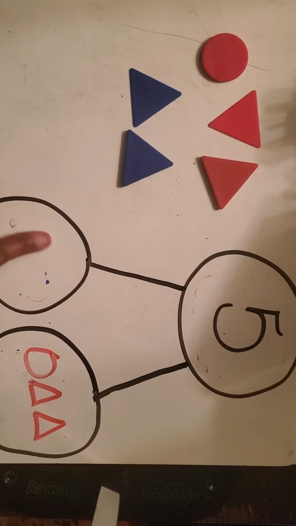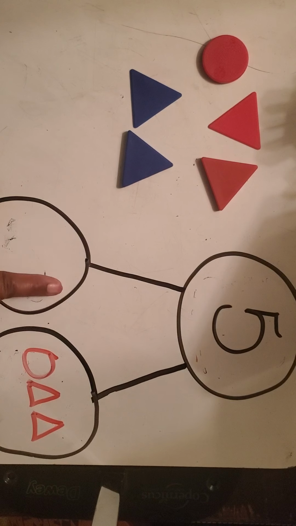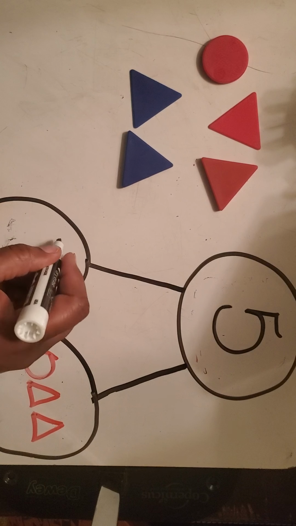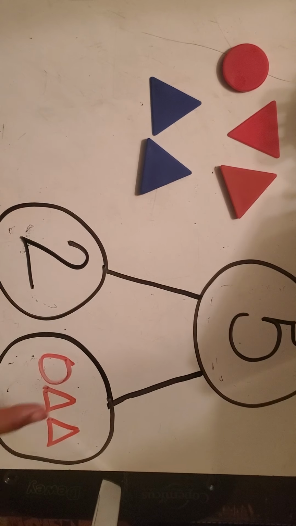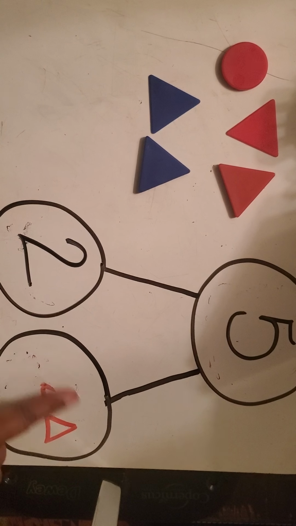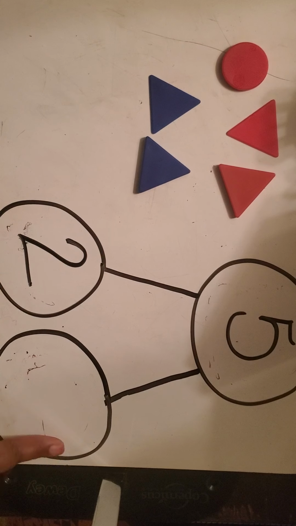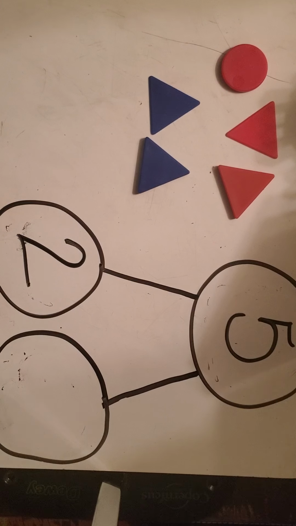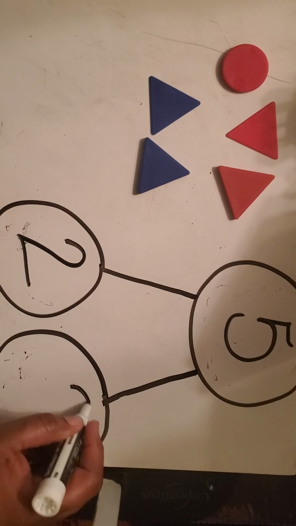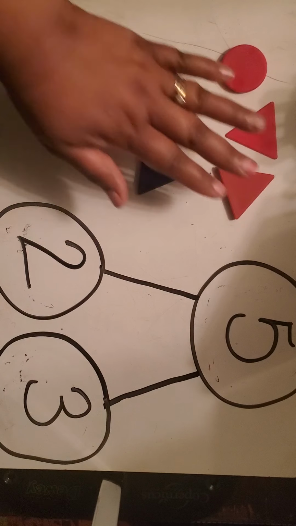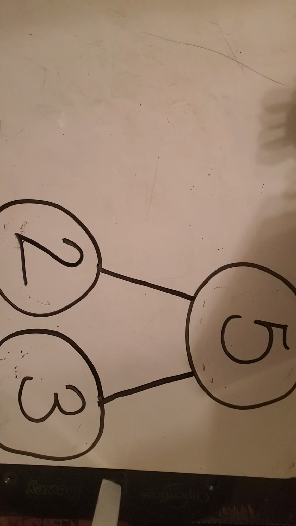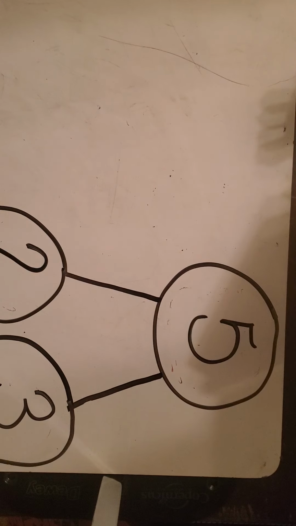I'm going to erase the blue shapes, and I'm going to write the number 2. All right, I just wrote the numeral 2. All right, and then I have 3 shapes in this part, and so I'm going to erase those shapes, and I'm going to write the number 3. Now, what should my number sentence look like?